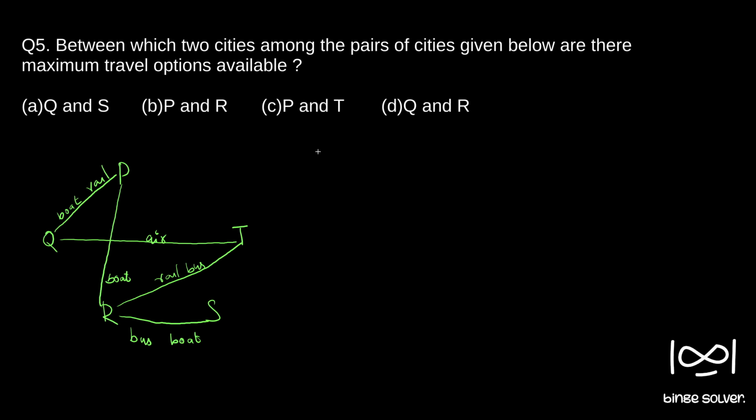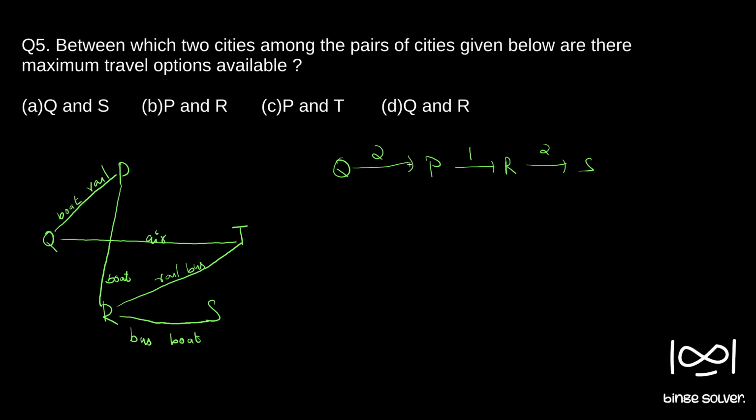Q and S. To reach S from Q, one option is Q to P, which has two modes, boat and rail, and P to R, which has one mode, which is just boat, and R to S, which has two modes.